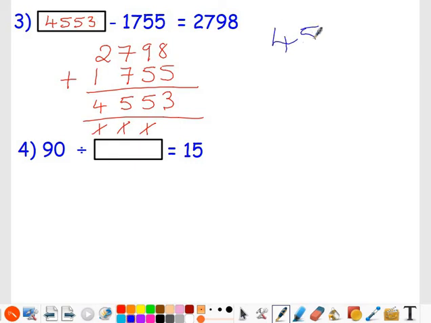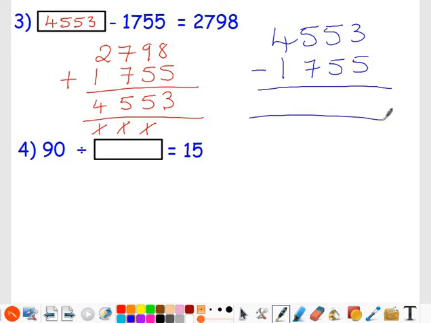Doing 4,553, take away 1,755, should give us an answer of 2,798. 3 take away 5 we can't do, so we need to borrow from the 5 which becomes 4. 13 take away 5 is 8. 4 take away 5 we can't do, so we borrow from the 5 which becomes 4, and our 4 becomes 14. 14 take away 5 is 9. 4 take away 7, again we can't do this, we borrow from the 4 which becomes 3, and our 4 becomes 14. 14 take away 7 is 7, 3 take away 1 is 2.